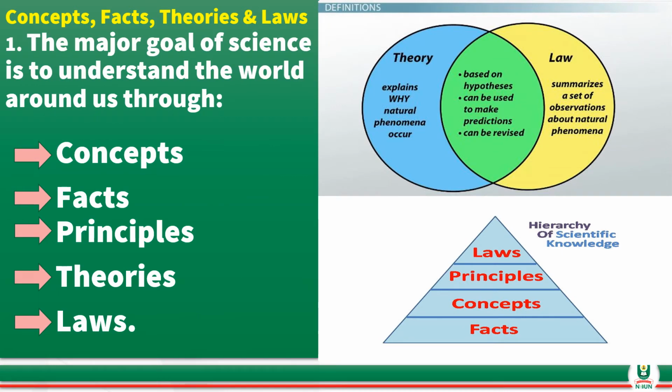Now, in explaining nature of science, we have what we call concepts, facts, theories, and law. You should not forget, the major goal of science is to understand the world around us. And in understanding the world around us, there are some very important constructs you must know. There's what we call concept. What does concept mean?